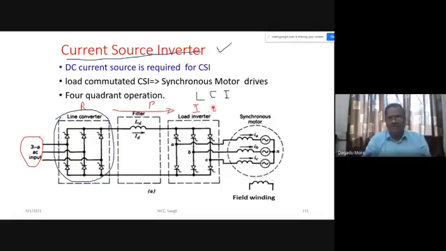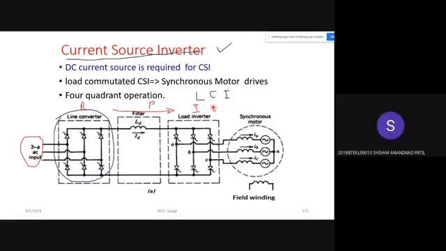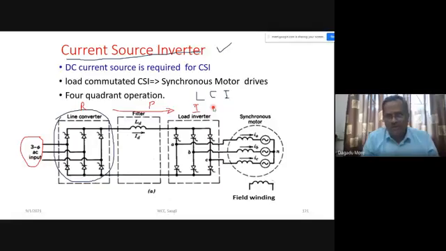So we have 3 methods of commutation. What are the 3 methods of commutation of the thyristor? Can you recall? What are the 3 methods of turning off a thyristor? Current commutation, voltage commutation, and load commutation, and complementary. One we can call line commutation.